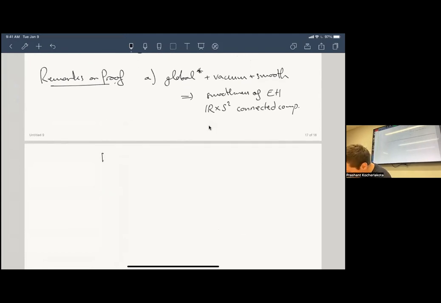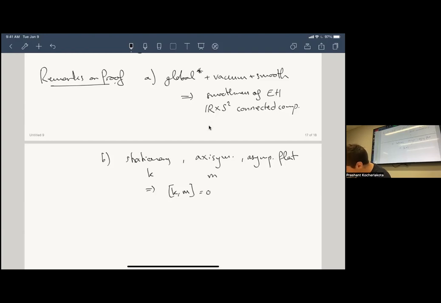So you have the stationary Killing vector field, and you have the axisymmetric one. Let's say it's generated by M, and it's asymptotically flat. That actually implies that these guys commute.